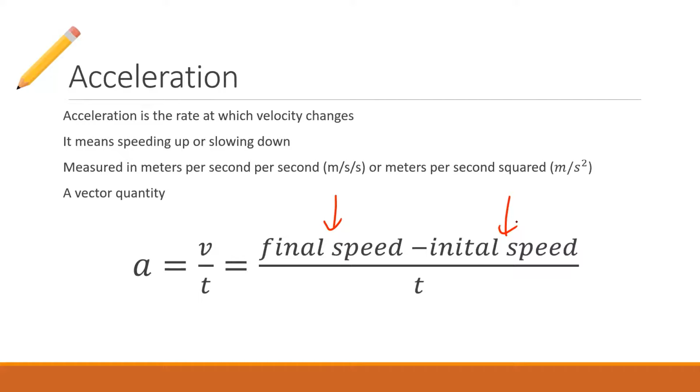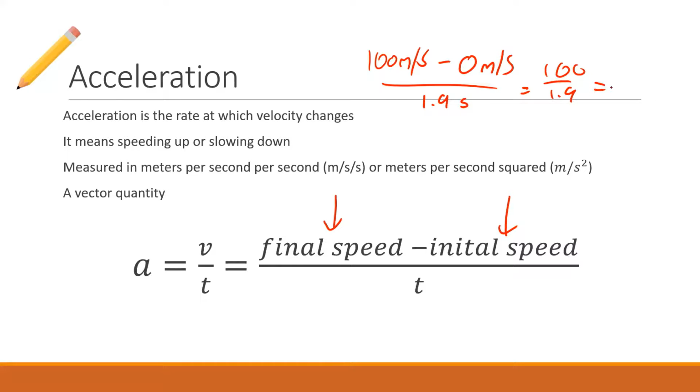So if my final speed is 100 meters per second, and my initial speed was 0 meters per second because I was stopped, and I do that in 1.9 seconds, then that means my acceleration is, I'm going to work this out properly, 100 divided by 1.9, 52.63 meters per second squared.